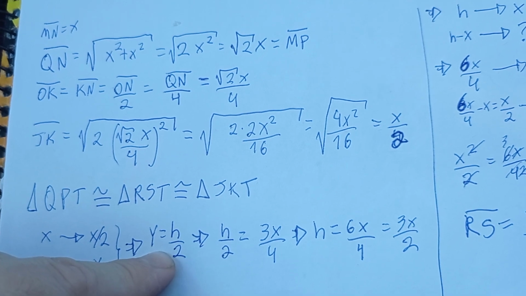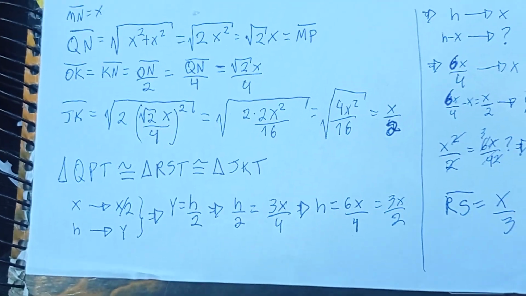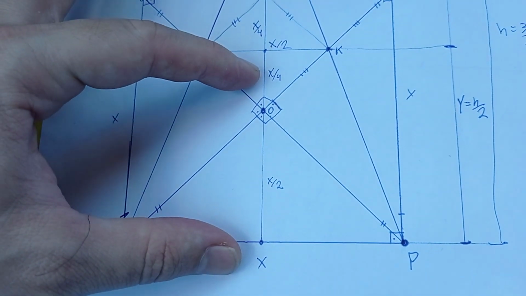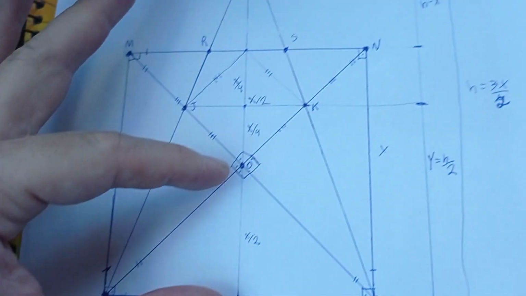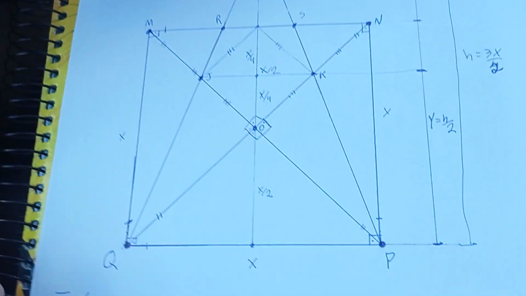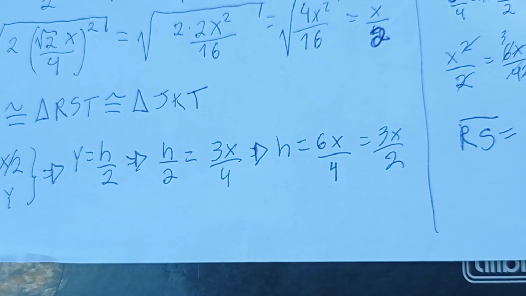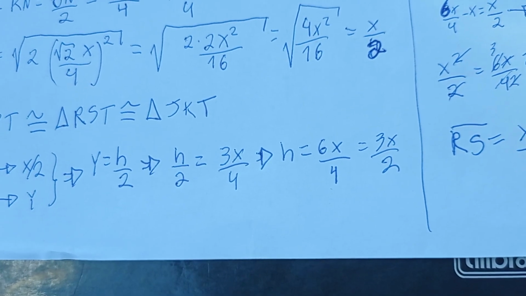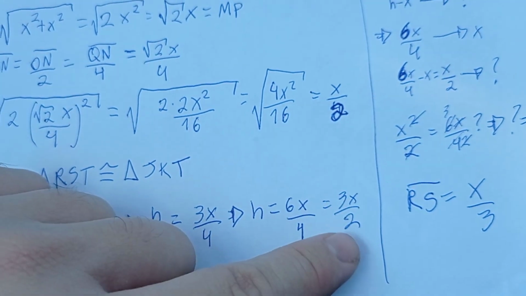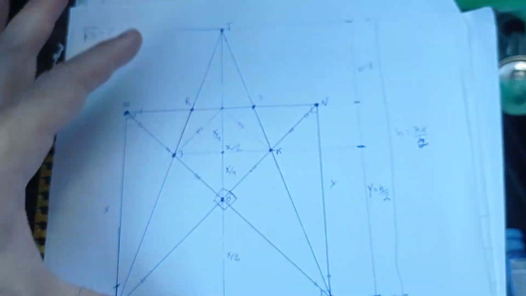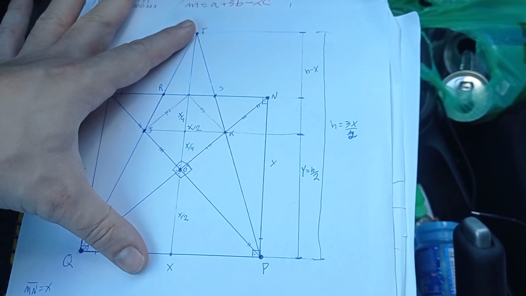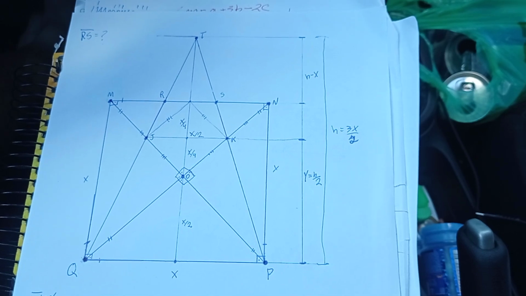But because of that, the height divided by 2 is equal to x divided by 4 plus x divided by 2, by the proportions inside the square, which means that h divided by 2 is equal to 3x divided by 4. So this means that h is 3x divided by 2. So this big length here is h, which is 3x divided by 2.